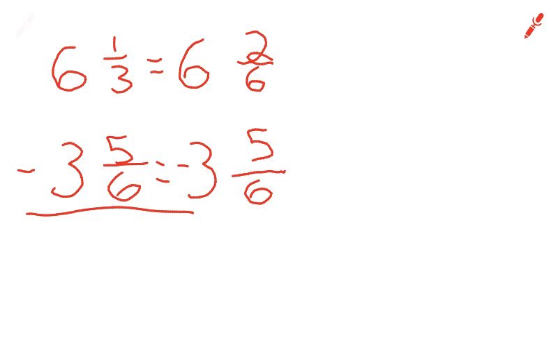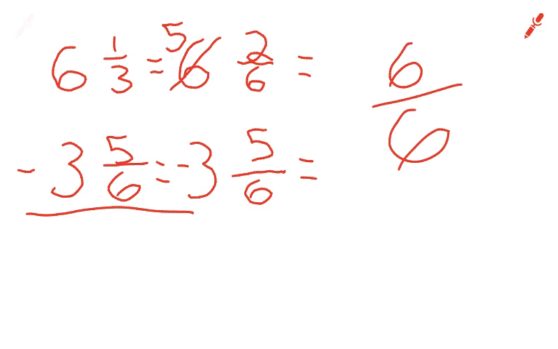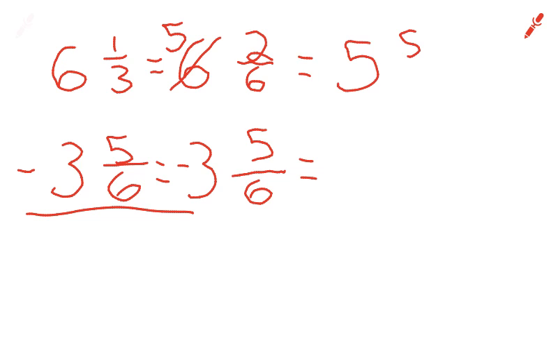Now we have common denominators, but we can't take 5 away from 2, so we have to borrow from the 6. We're borrowing 1, and since that is a 6, we add 6 over 6 to our 2 over 6, which gives us 8 over 6. So now we have 5 and 8 over 6.